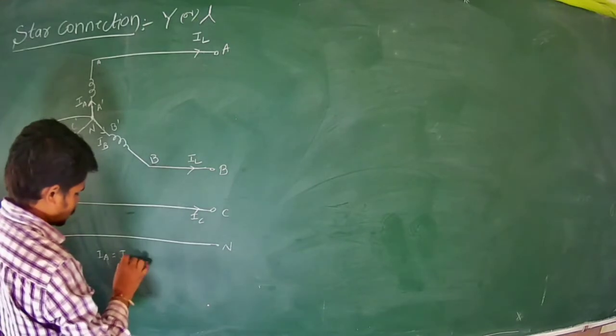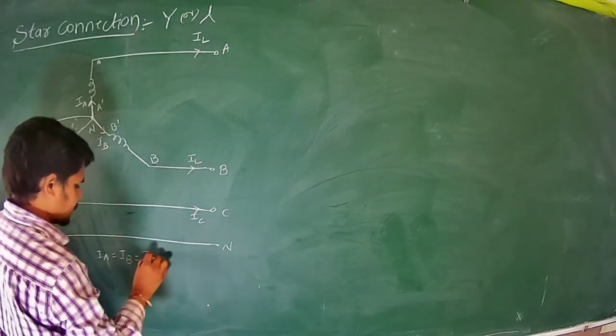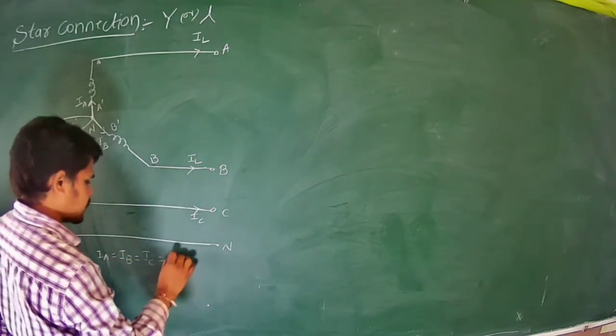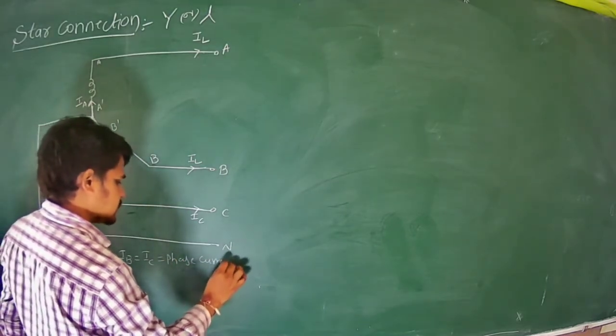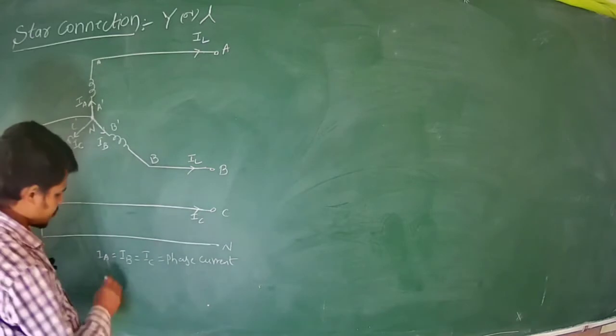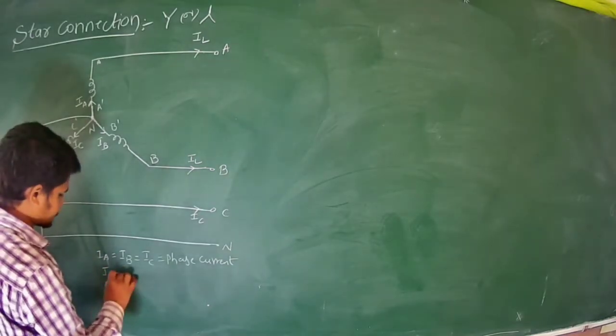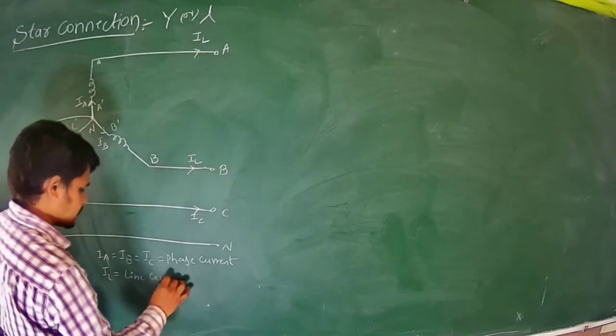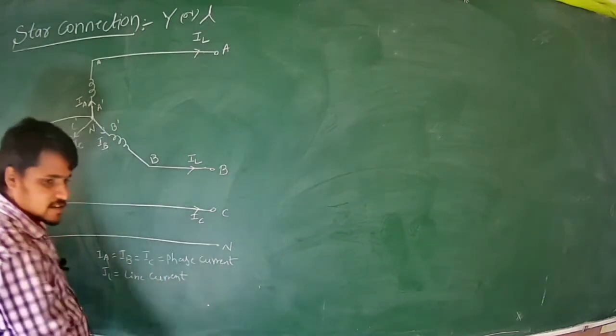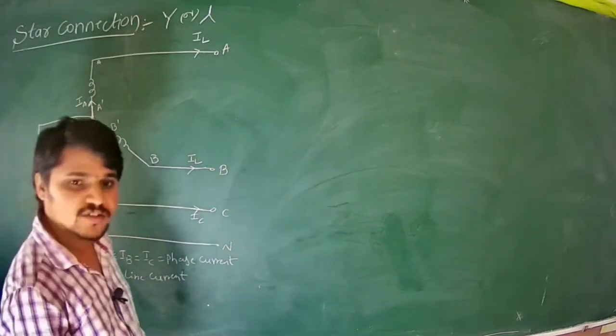Here IA is equal to IB equal to IC. These are called phase currents. Here IL we are calling the line current.